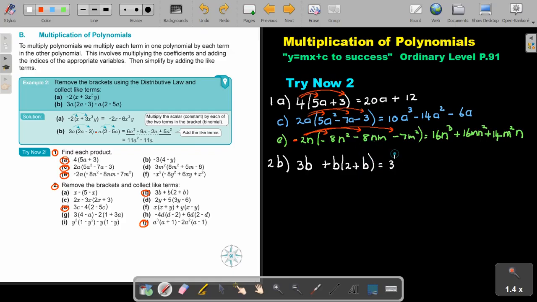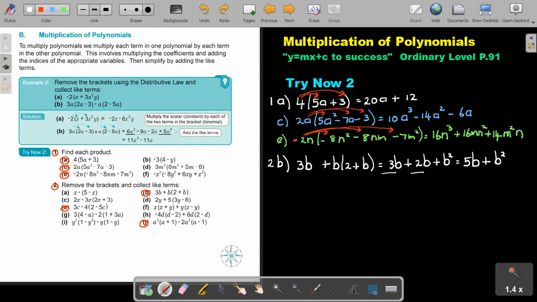So this is going to be 3b plus 2b plus b squared. Okay, and don't forget, this is like. So 3 plus 2, that's going to be 5b plus b squared. And that's going to be my final answer.